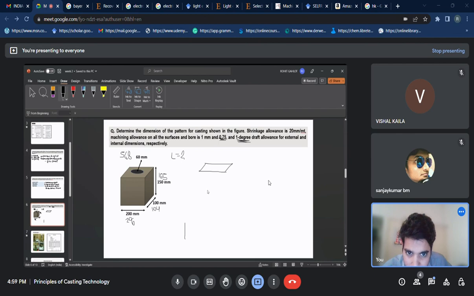So you're right. In our question it is given as 0.75 and 1 degree. For the external part it is 0.75, and for the internal taperness it is 1 degree. This is how your pattern will look after giving it the taper allowance.